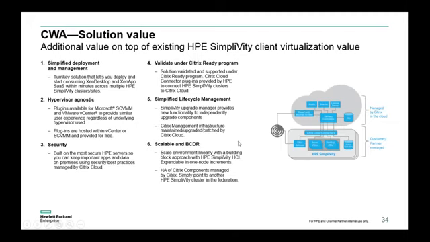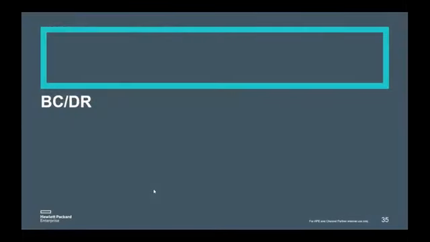It is scalable: scale the environment linearly with the building block approach with HPE SimpliVity HCI, expandable in one node increments. HA of Citrix components is managed by Citrix, simply pointing to another HPE SimpliVity cluster in the federation. So this is backup and disaster recovery.